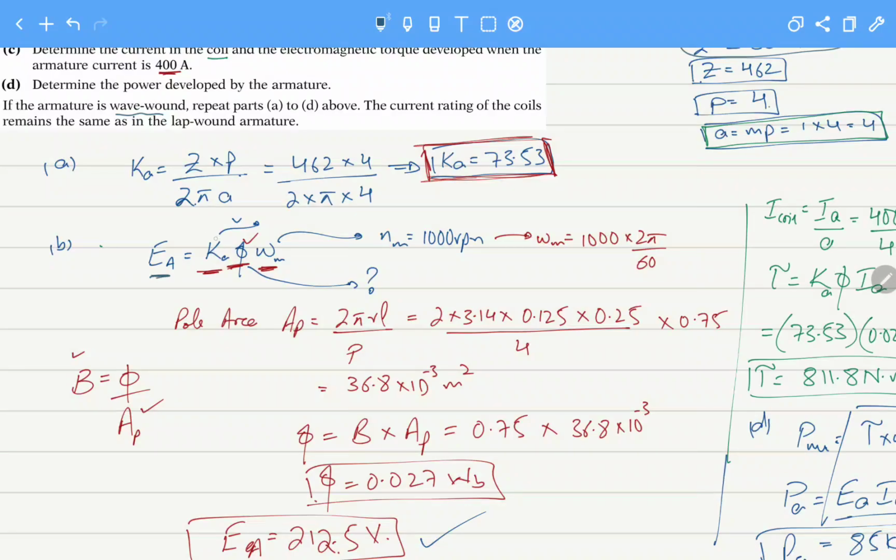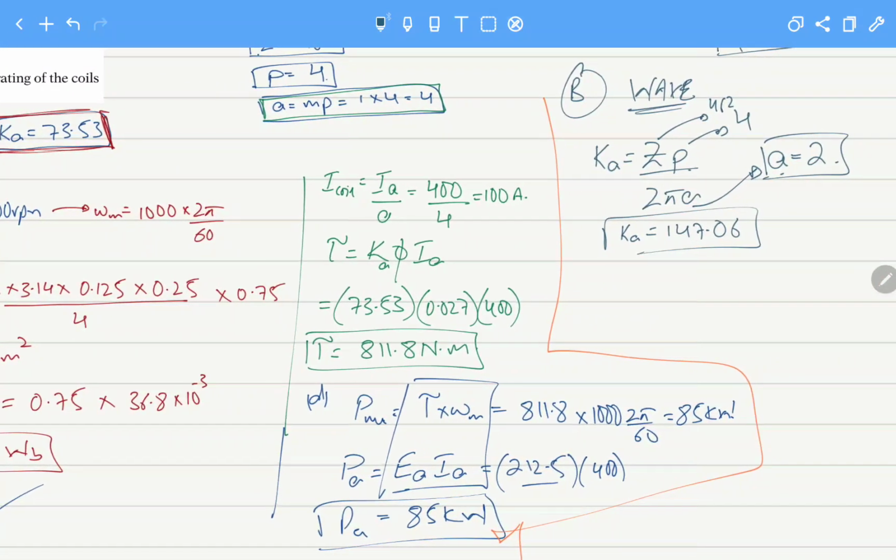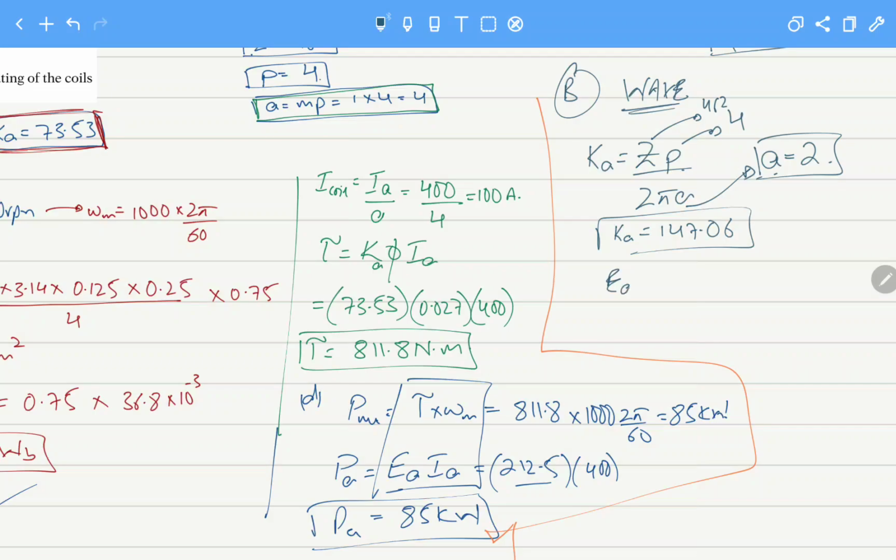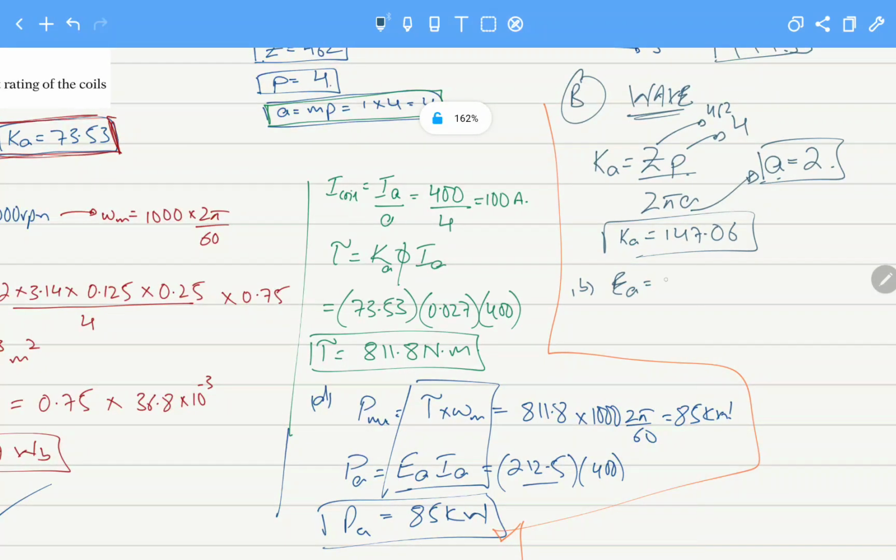Now the machine constant has changed, the flux will remain the same and the speed will remain the same, and you calculate the flux similarly by calculating the effective pole area. And in this scenario, the value of EA, the internally generated voltage, will be calculated to be 425 volts.